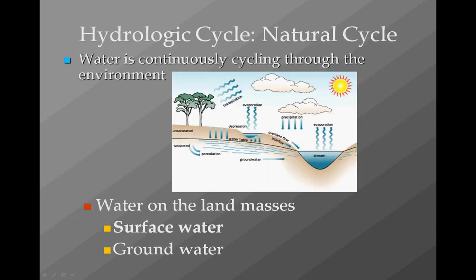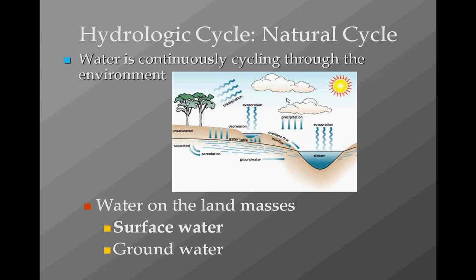When we talk about water on planet Earth, we need to keep in mind that water is continuously cycling through the environment. This cycling, a natural cycle, is referred to as the hydrologic cycle. If we look at this diagram for a second, we see that water vapor collects in the atmosphere and coalesces as clouds.